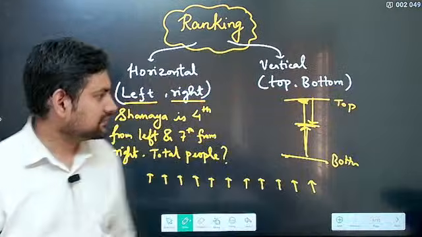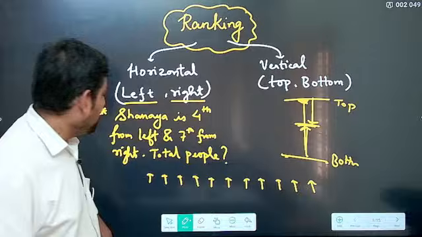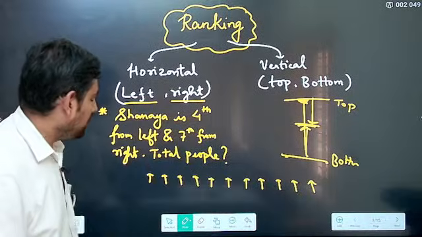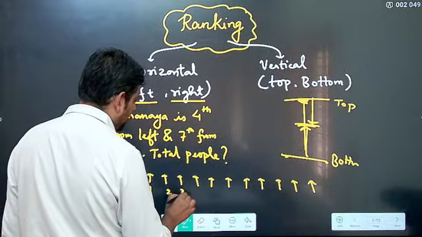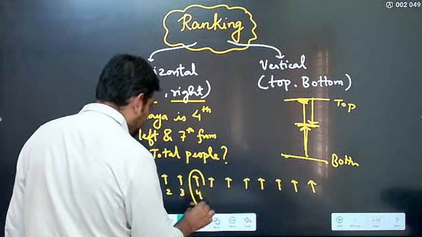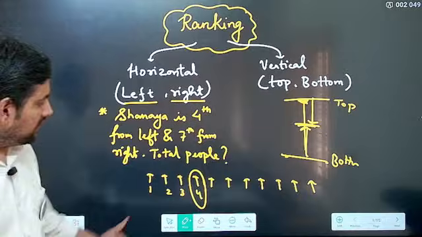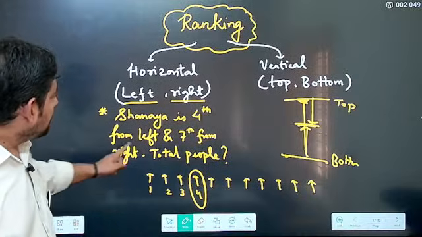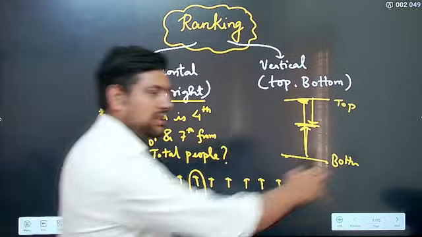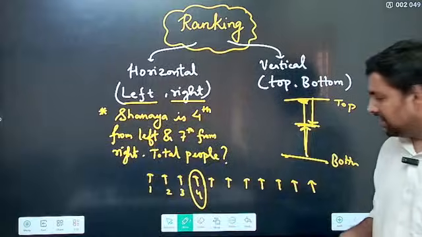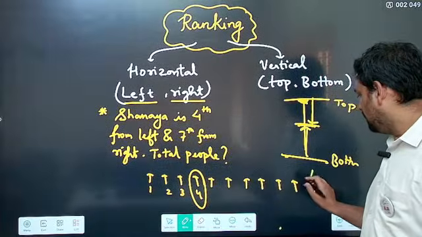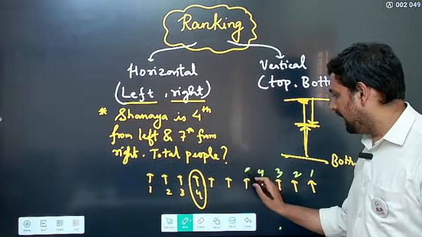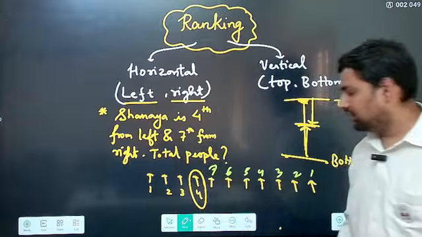I've already drawn this. Shania is fourth from the left, so if I start drawing, this is 1, 2, 3, 4. So this must be Shania. Then it says seventh from the right. From the right, I start counting 7: 1, 2, 3, 4, 5, 6, 7.